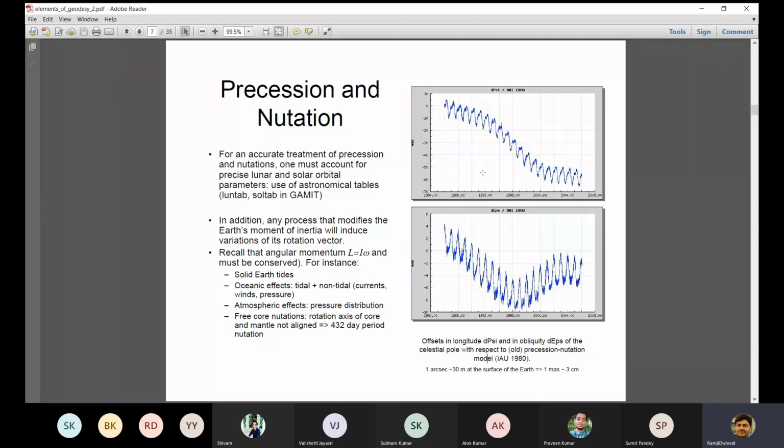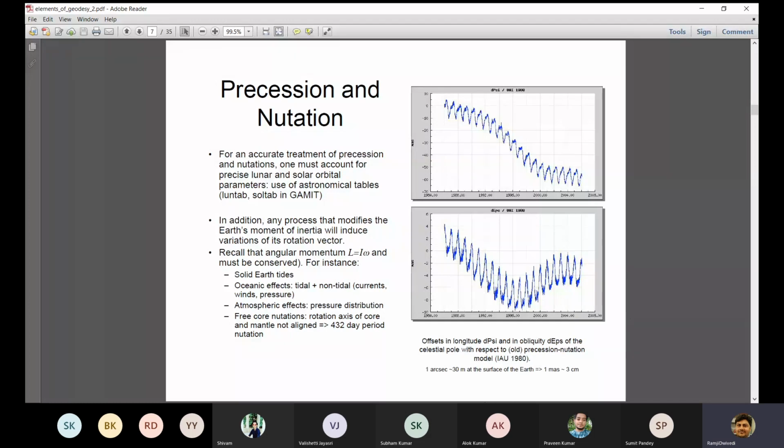You see the deviation from 0; in 2004 it is around -50 milli-arc seconds in dPsi. Similarly, dEpsilon shows an oscillation, and around 2005-2006 it is somewhere around -2 mas, milli-arc second.